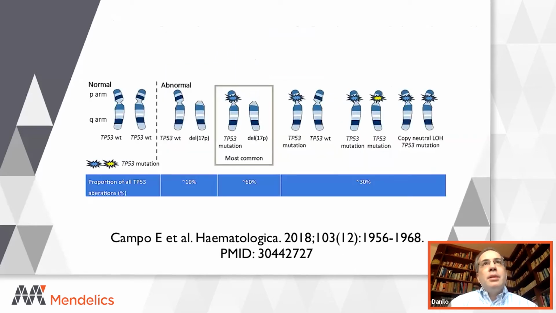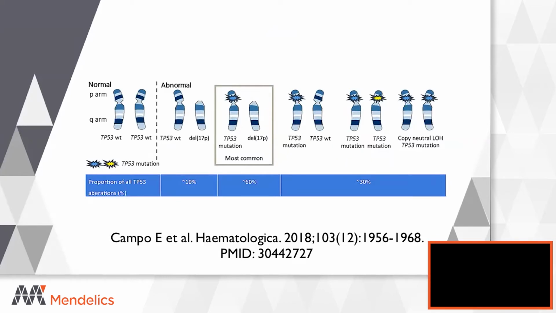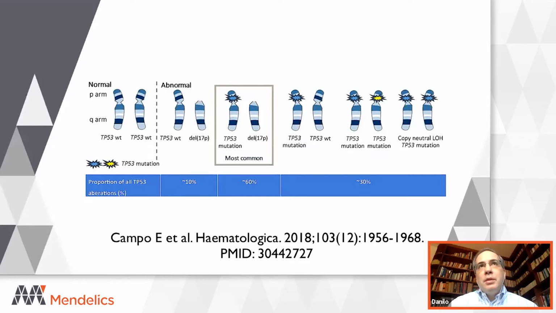If I take this marker, what it really tells me is that deletion of 17p will delete TP53, and not only deletion of TP53 is important, but also mutations of this gene are important.